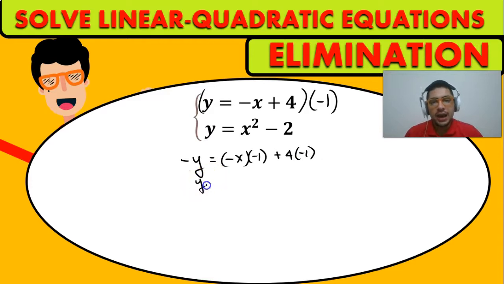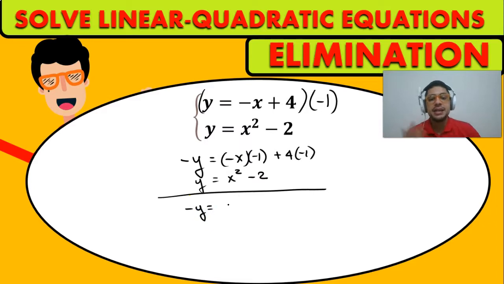And we have y is equal to x squared minus 2, right? So once we do that, we have minus y, and then minus x times minus 1 is going to be plus x, and plus 4 times minus 1 is going to be minus 4, and the other equation stays the same. So y is equal to x squared minus 2.